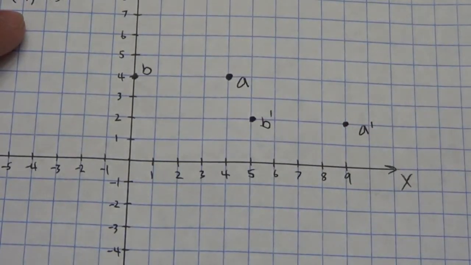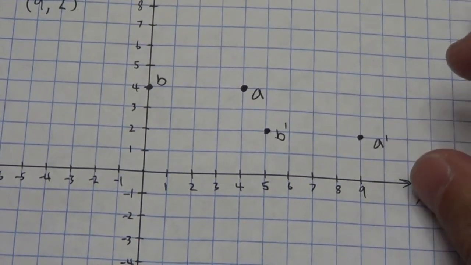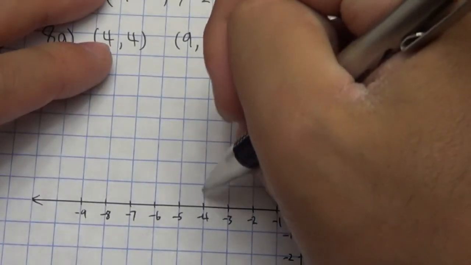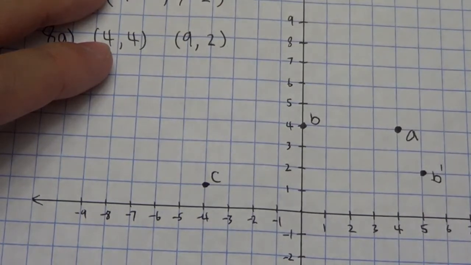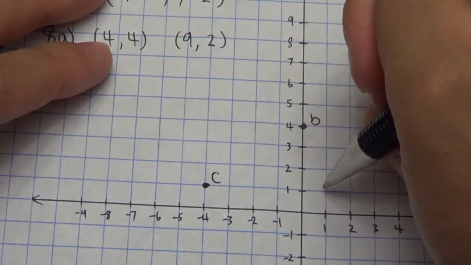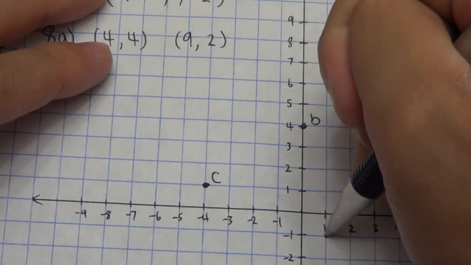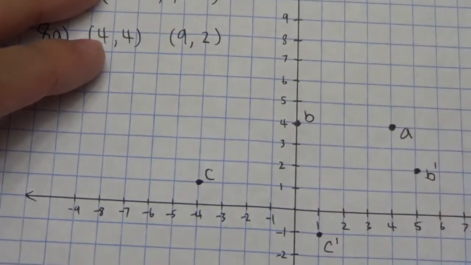Next one is C, which is at -4, 1. -4, 1 is right here. That's where C is. If we move it over 1, 2, 3, 4, 5, and move it down 2, we would arrive at our new point, C prime.